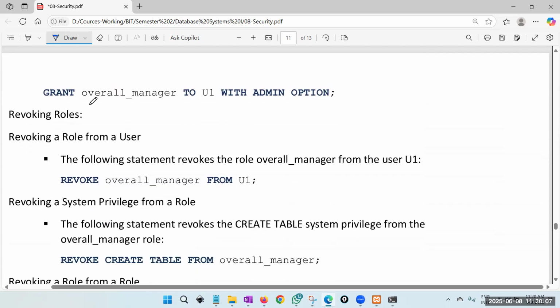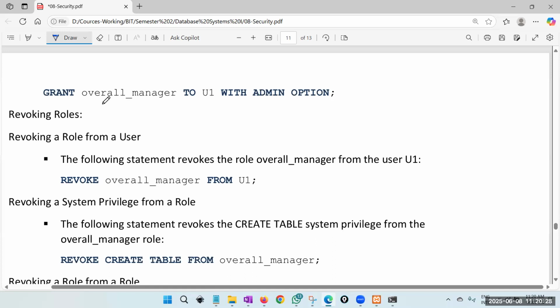Now we can assign the roles to users because ultimately it is the users that log in. Now we have created roles and assigned some privileges, and also roles can be assigned other roles. After creating users, we are going to assign roles to the users.